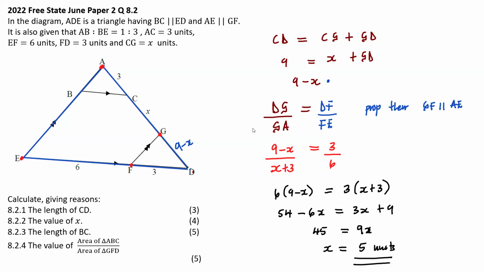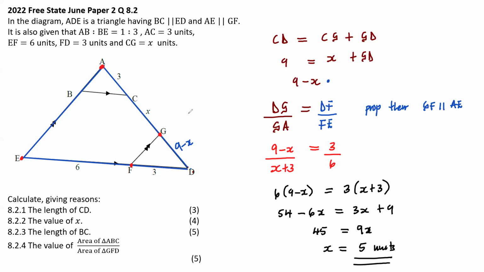Somebody says, what if I said DA, the whole of DA, over GD is equal to CG? No, you can't have it from one side. You've got to have it on two different sides, so that won't work.